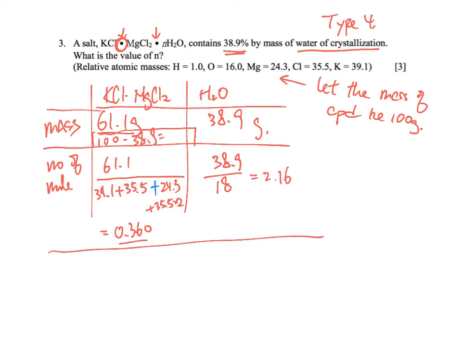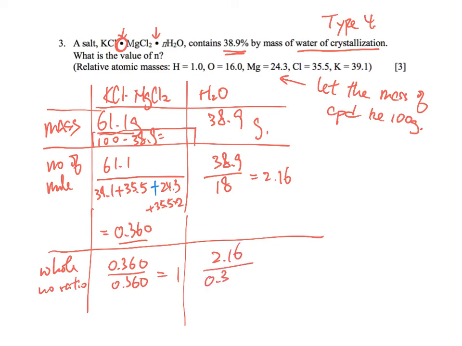So the smallest one is this one. Therefore for the whole number ratio, this one divided by 0.360, while 2.16 over 0.360 will be 6. So the answer n is 6.